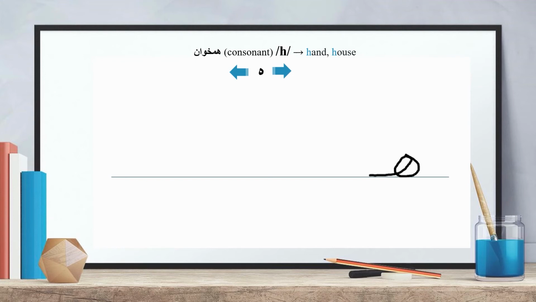So this is the beginning. We start from here and we make something like a drop. Then we proceed from here. We make it to the left. So this is the initial he.